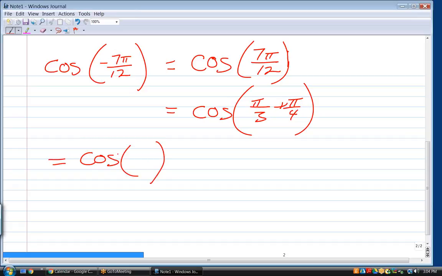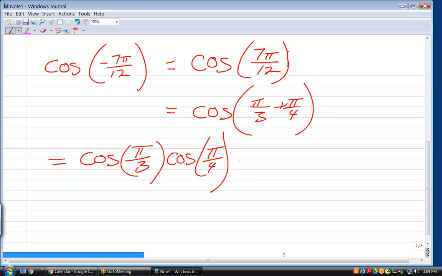Cosine A, well, give me the specific. It's cosine of pi over 3 times cosine of pi over 4. In other words, that's A and that's B. And then what's the rest of it?